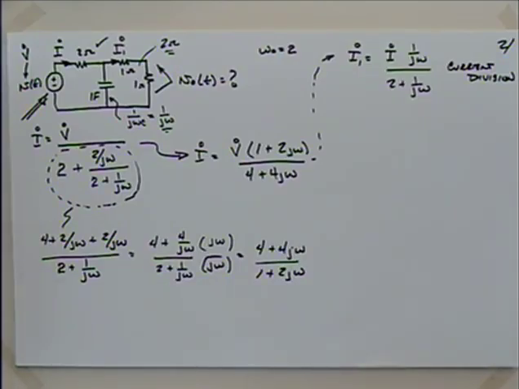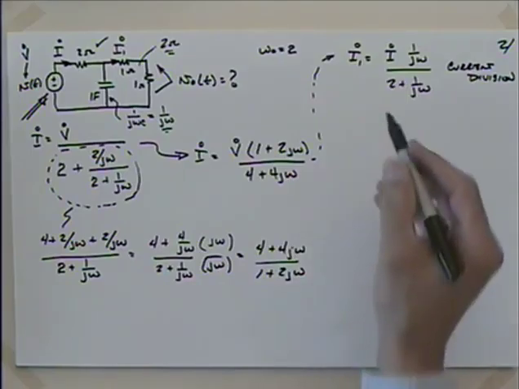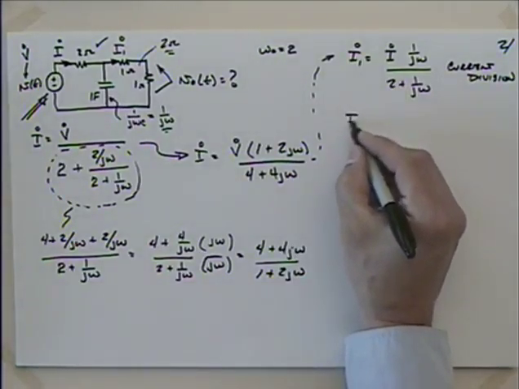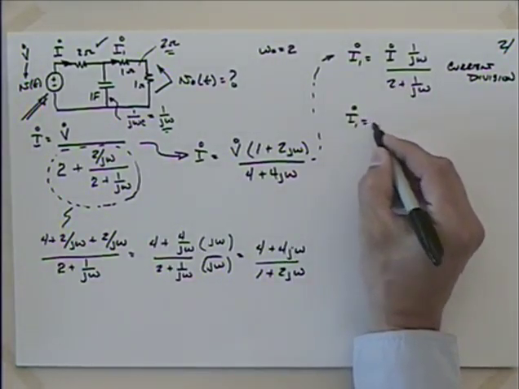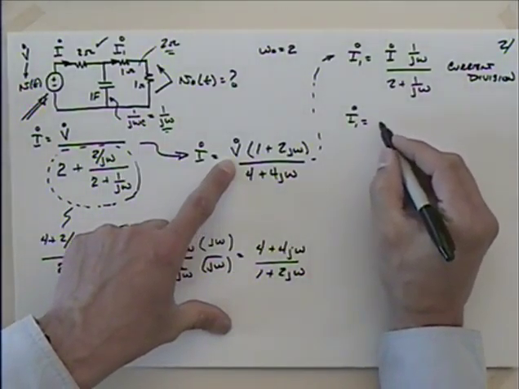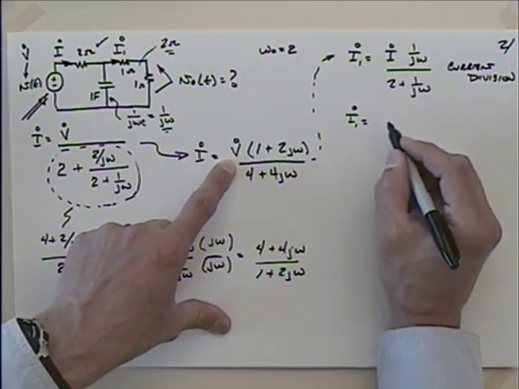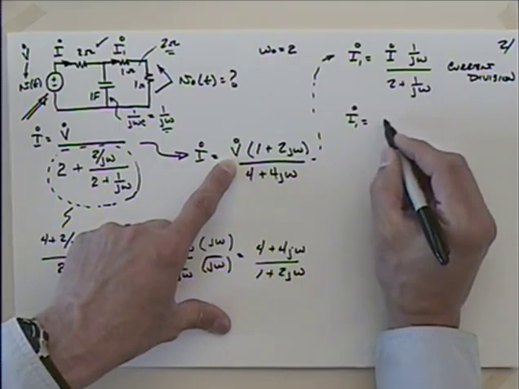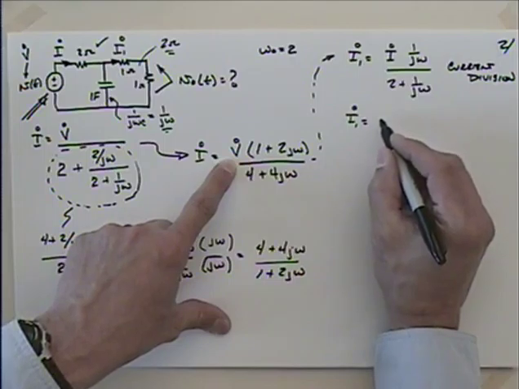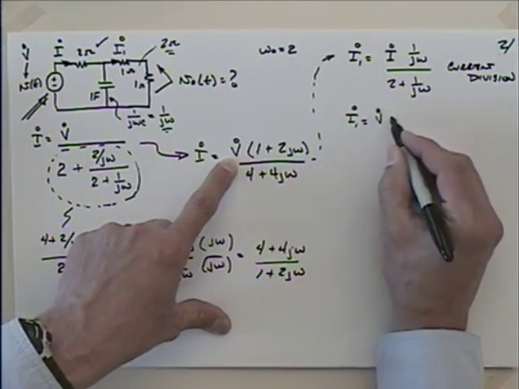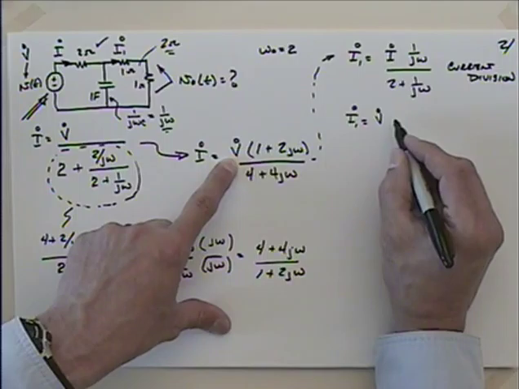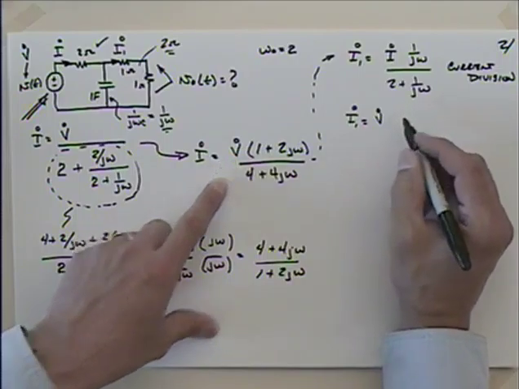So let's see. I need to put I in here, so I could say that I1 is then equal to I. So I'll have to put that in here. Yeah, we can probably do that. So I'm going to have V, and maybe I'll hold off a little bit.